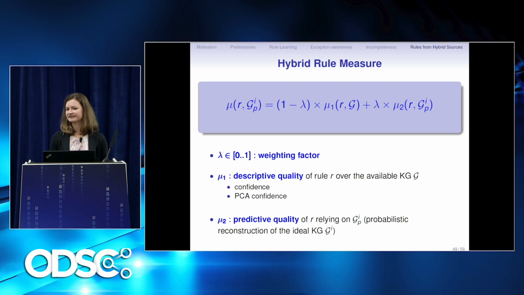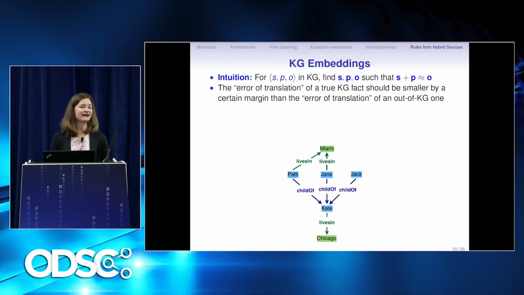You might be asking, but where will we get the probabilistic representation of the knowledge graph? Actually, knowledge graph embeddings are a very helpful way of getting such information. This is going in the direction of word2vec, but essentially embeddings that were proposed for knowledge graphs. Let me just briefly state what they are actually about.